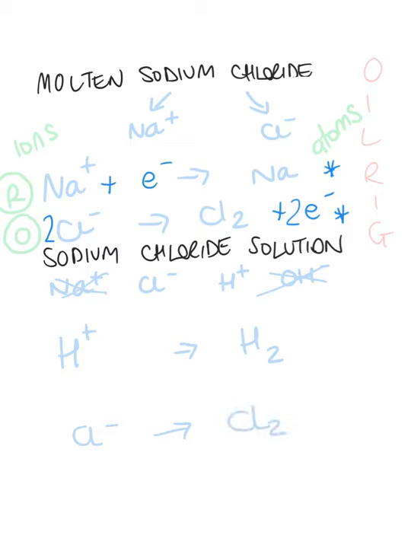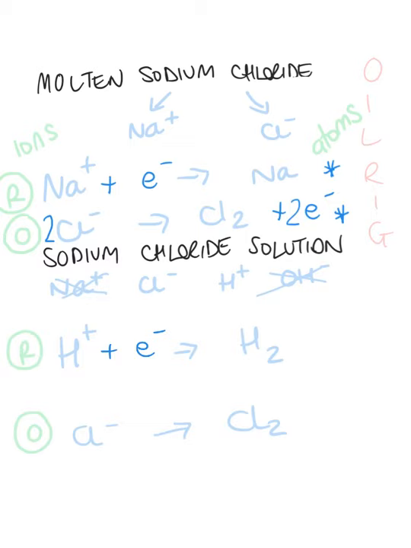Okay, so let's start with the hydrogen, and you can see just as before, now the sodium was the positive ion. Here the hydrogen is the positive ion, so this will be the reduction half equation, this will be the oxidation half equation. Now again as before, we know that to show the gain of electrons, we write the electrons on this side, plus electrons.